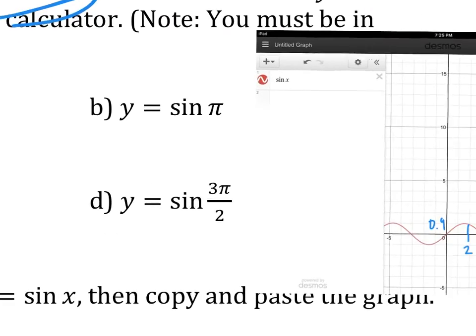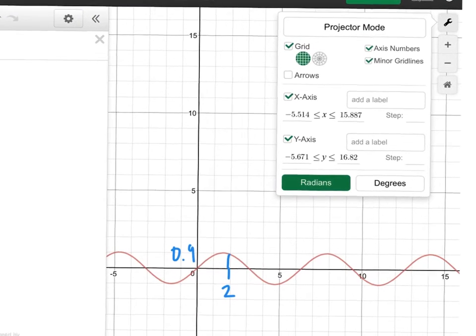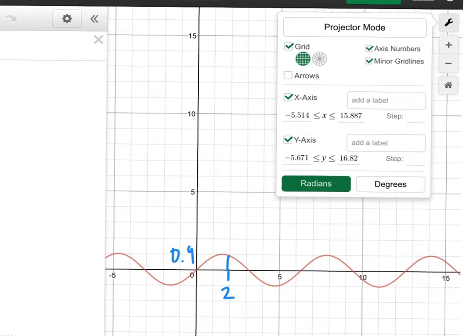Now, you might be wondering how you're going to figure out where pi is, or 30 degrees and all that stuff. So if you want to have this in radians, you see how this is already in radians, it's already checked, I guess it's highlighted. But it doesn't show pi, it shows 1, 2, 3 radians. So if you want it to show pi, you have to type in pi over here on the step. For the x-axis step, you want to type in pi.